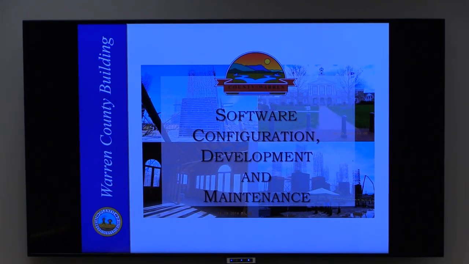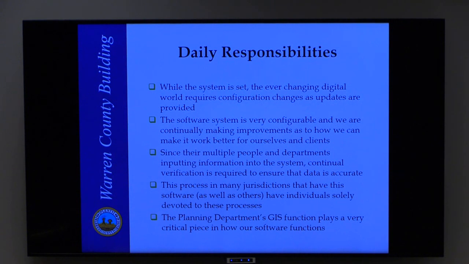We're going to get a test audience, but the software configuration, development, and maintenance of the software system has changed dramatically in the digital world. The software system is very configurable and we are continually making improvements as to how we can make it work better for ourselves and our clients. Since there are multiple people and departments inputting information into the system, continual verification of this is required to ensure that the data is accurate.